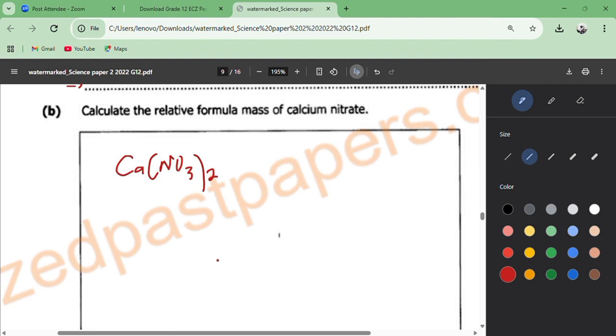Correct. So how many elements do we have here? We have calcium, and for calcium we have one. Nitrogen, how many are there? Two. Oxygen, there are six.